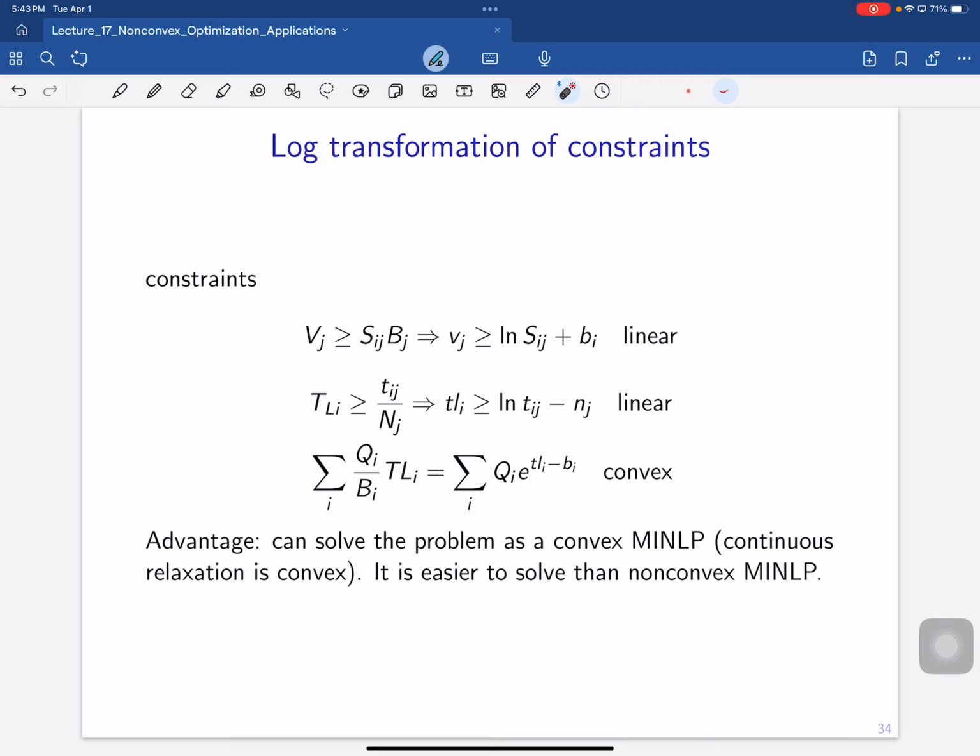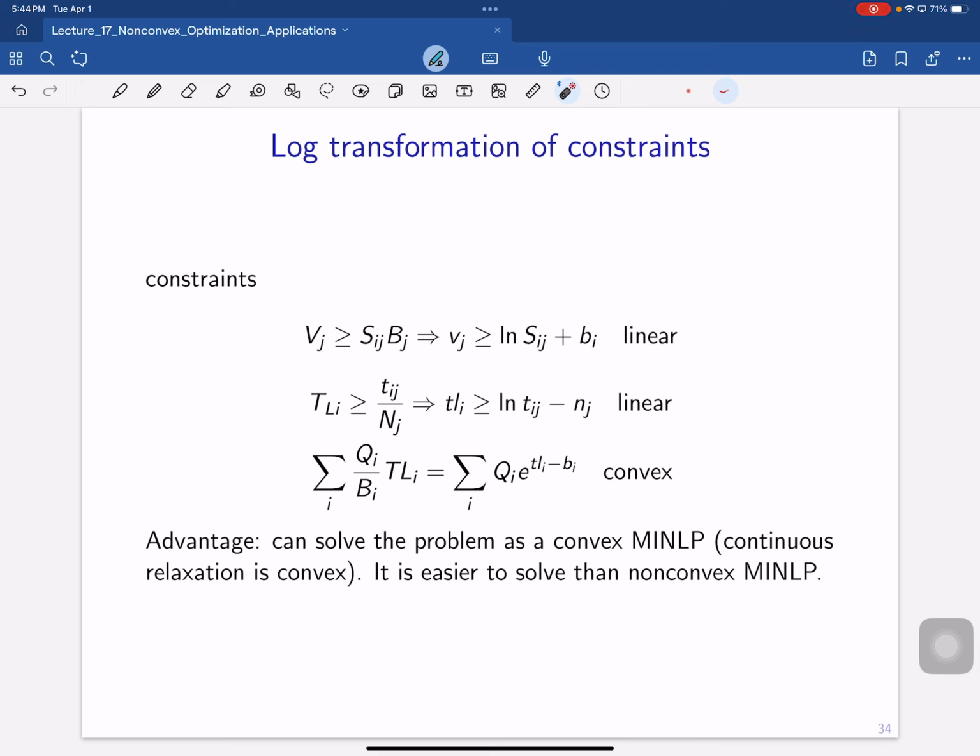You just replace these b variables by the exponential of b, and then you replace TL by the exponential, right? So then you have the exponential function of the log transform variable that is still a convex function. The exponential function is a convex function.